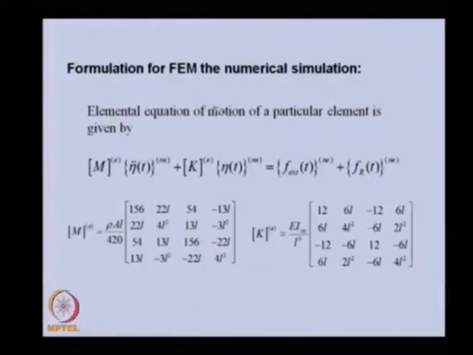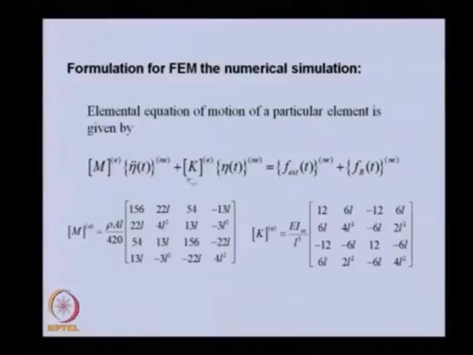The elemental equation of motion for a particular element, which we have already obtained and discussed earlier, is like this, in which this is the external force, this is the reaction force, and there are the stiffness matrix, mass matrix, and the displacement vector.